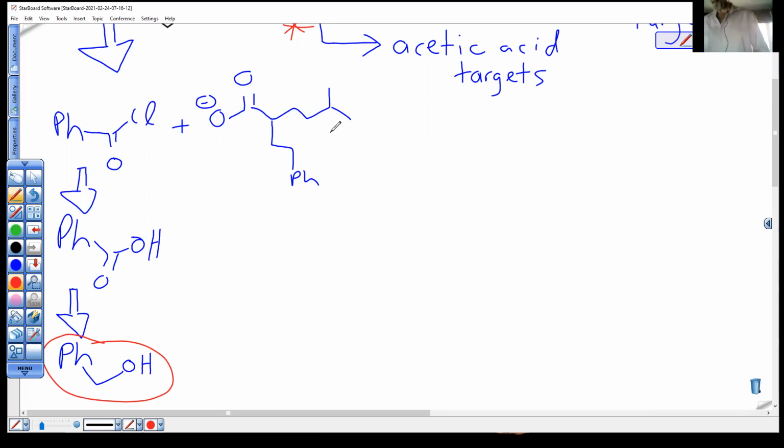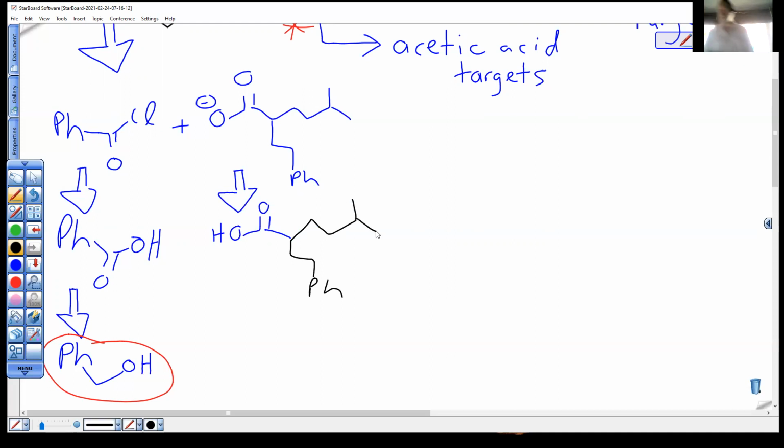This is the conjugate base of an acetic acid that has 2 alpha groups. So I'm just going to go slow here. There's your acetic acid right there. It has 2 alpha groups, indicating that a malonic ester synthesis would be ideal to make this target.